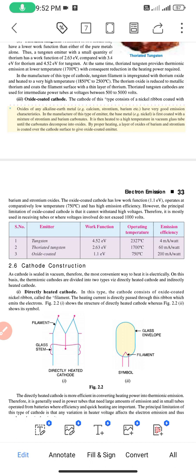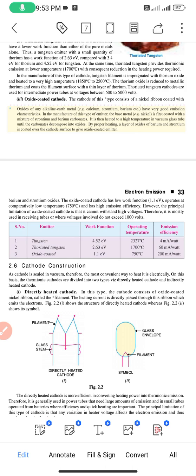Oxides of any alkaline earth metal such as calcium, strontium, barium, etc. have very good emission characteristics.